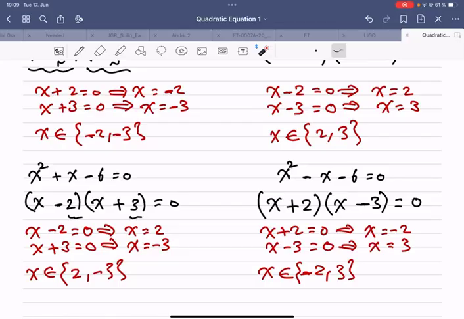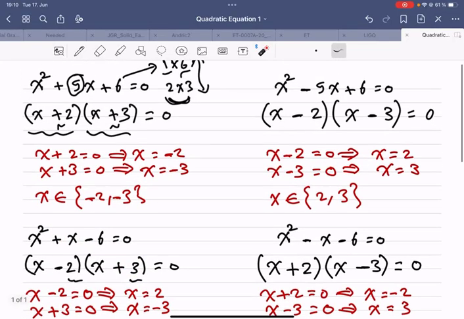Which one is negative and which one is positive depends on the sign of the middle term. If the middle term is negative, the biggest number will be negative. If the sign of the middle term is positive, this means that the biggest number is positive.